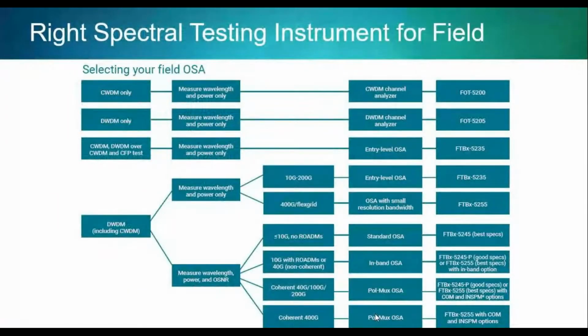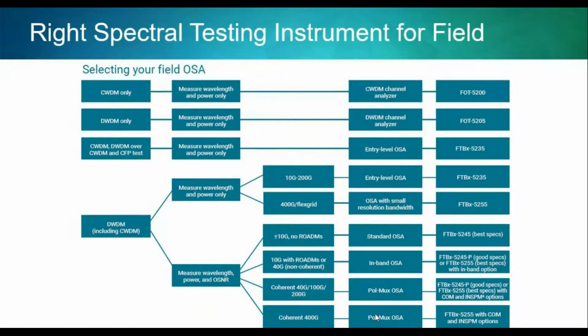So, and this here is the chart I was mentioning. It's a bit of an eyesore, I know, but it really helps you selecting the right instrument in terms of spectral testing, and it really answers the questions that we had in the previous slide. So if we're looking at a DWDM system, looking at just measuring wavelength and power, but over the whole CWDM and DWDM, well, you're looking at an entry-level OSA.